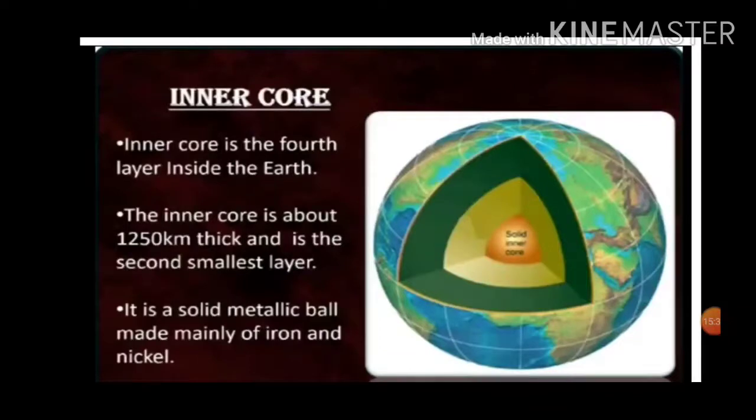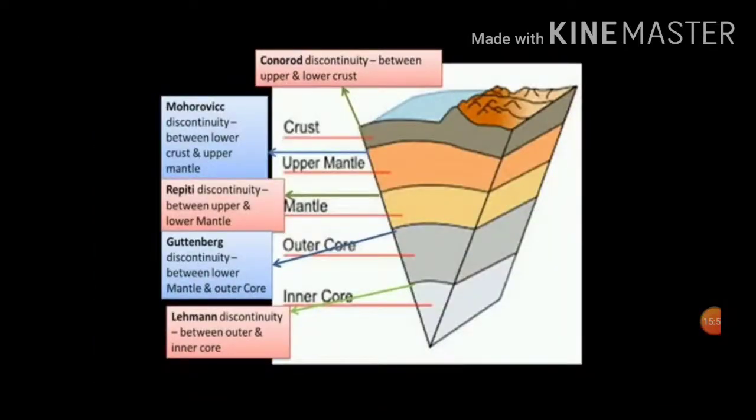The crust, the upper mantle, the lower mantle, then again the upper core. All these different layers are exerting pressure on this inner core, and so the temperature here is so high that it is almost equivalent to the surface temperature of the sun. Now we should not forget this, my dear students.